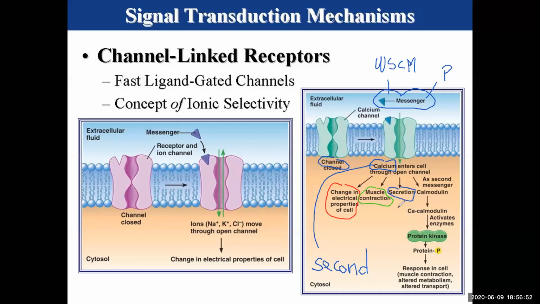Or for example, if it's a neuron, it can induce the neuron to release neurotransmitter. It can also activate this passage here, for example, leading to smooth muscle contraction, right?